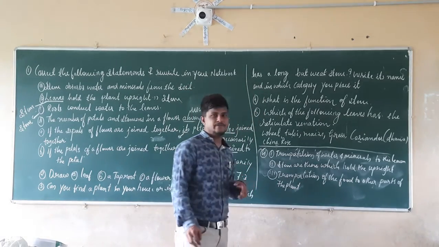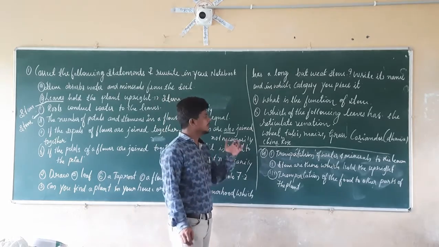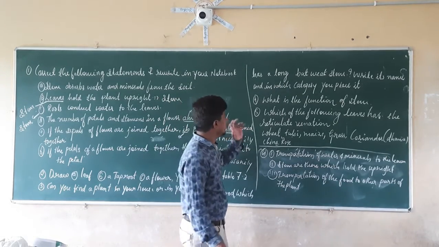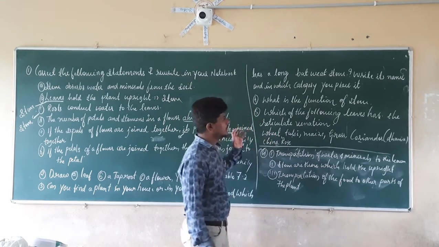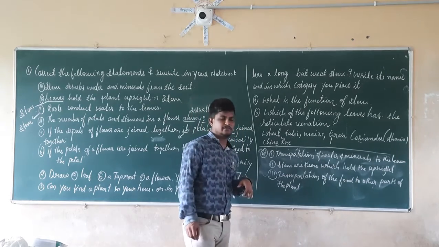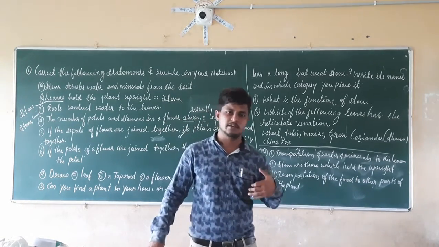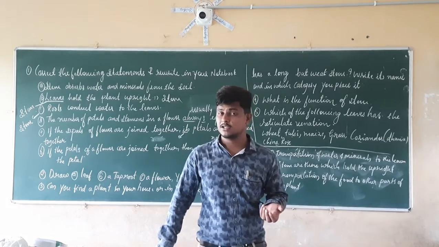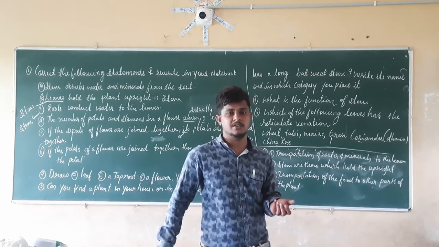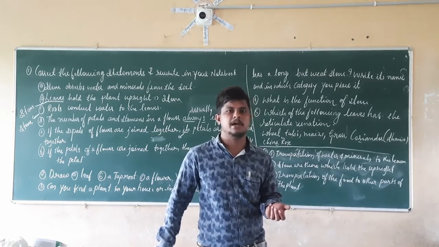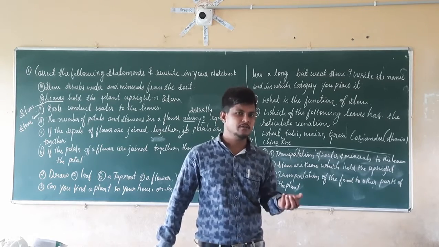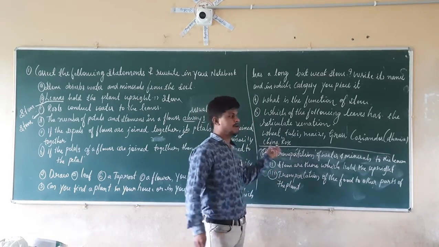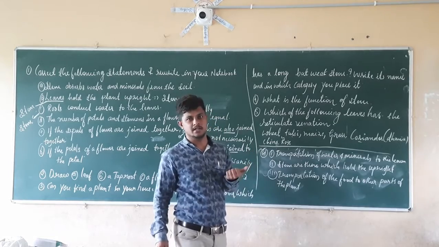Now next, the fifth question. Which of the following leaves has reticulate venation? We have discussed two types of venation: one is reticulate venation, another is parallel venation. From this table, which plant has reticulate venation leaves?